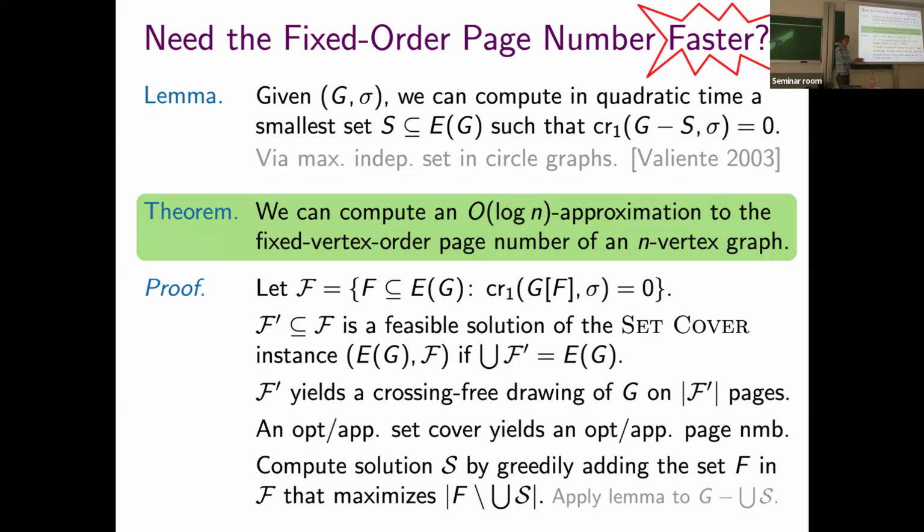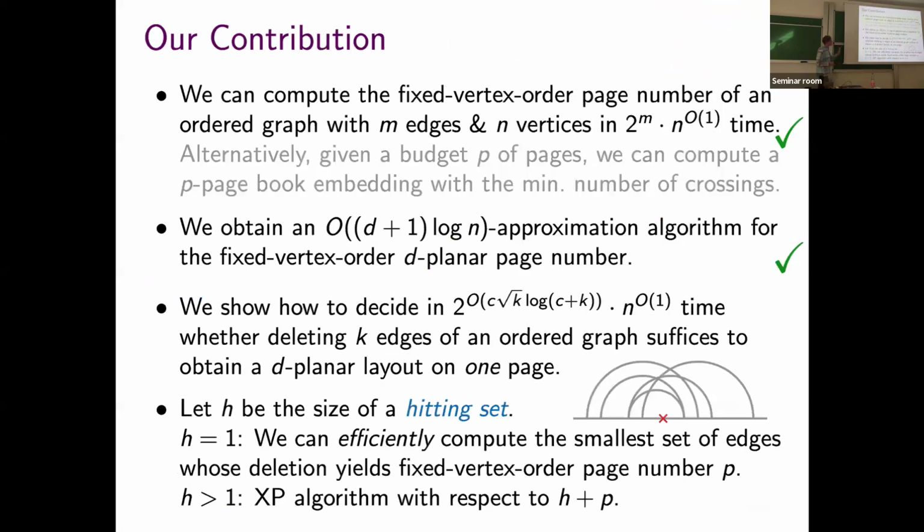So each step of the greedy algorithm can be implemented in quadratic time. And the whole algorithm then takes p times n squared time. So that's an approximation algorithm for the case of planar pages. I claimed in my overview, we can extend this to d-planar, and actually the solution is the same.